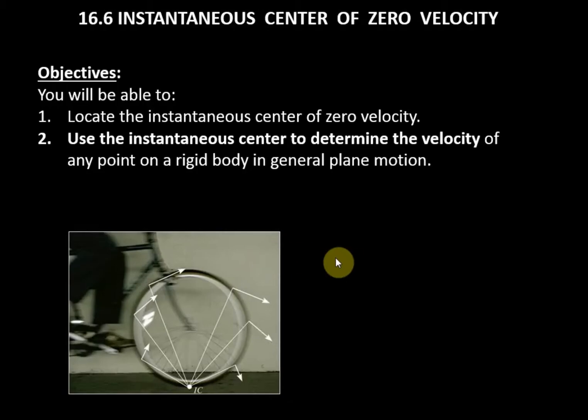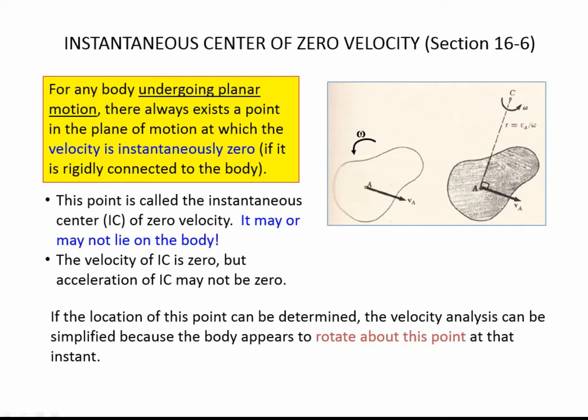And here I want to introduce another method to analyze the velocity using the concept of instantaneous center of zero velocity. So what is the instantaneous center of zero velocity? For any object undergoing planar motion, okay, so right now this one undergoes general plane motion, it rotates and also translates. Then there always exists a point in the plane of the motion at which the velocity is instantaneously zero. What does that mean?